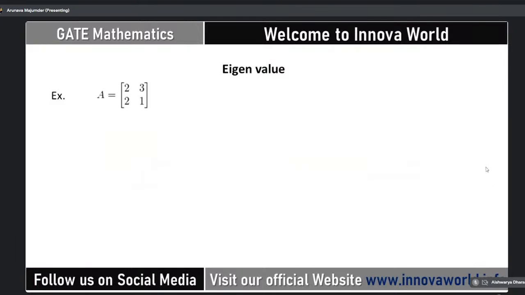The example shows the matrix A = [2 3; 2 1], and we need to find the eigenvalues of this matrix. First I will let you know how to find the eigenvalues, and then I will discuss how to find the eigenvectors.